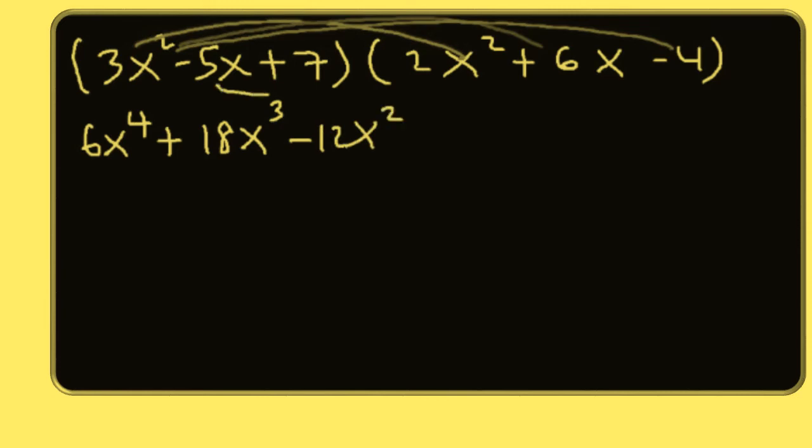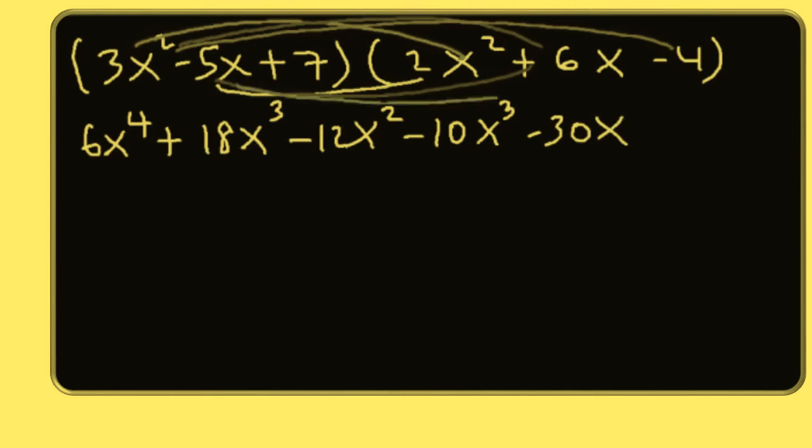Next, we have negative 5x times 2x squared, that's negative 10x cubed, and then negative 5x times 6x is negative 30x squared. It is always good to double check the work.